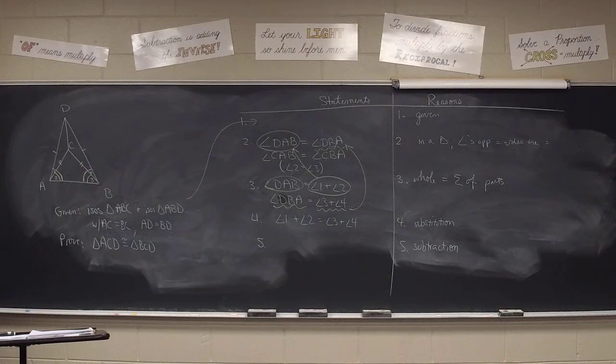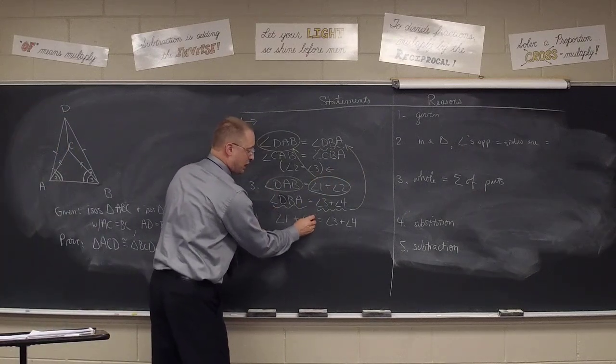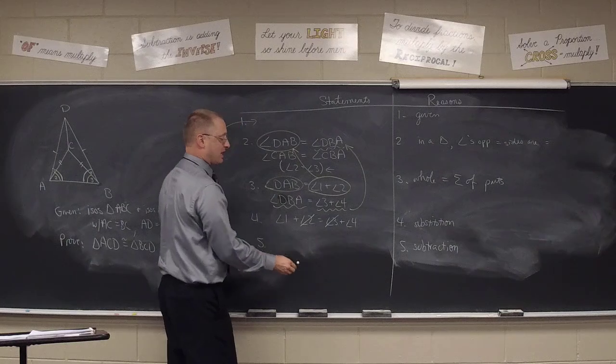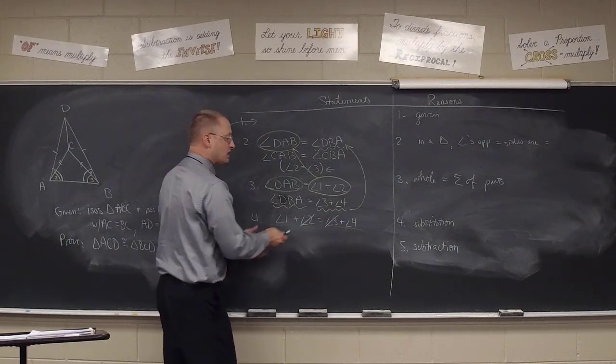Yeah, if equals are subtracted from equals, the remainders are equal. So what equals am I going to subtract from what equals to get what equal remainders? Okay, good. We already said right here that 2 and 3 were equal. So if I subtract 2 from this side and 3 from that side, I'm subtracting equals from these two equal quantities to be left with equals.